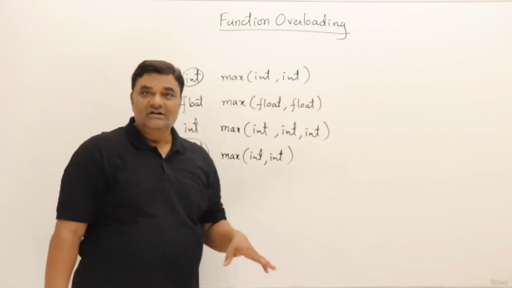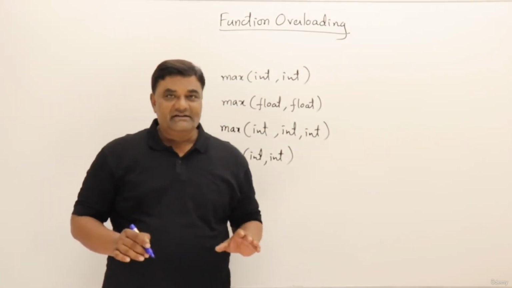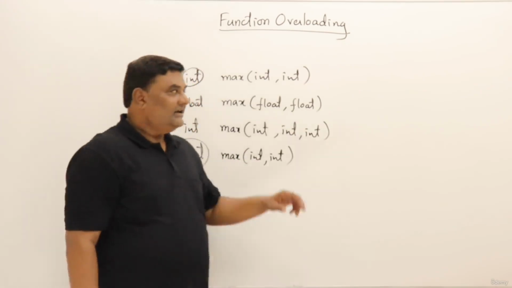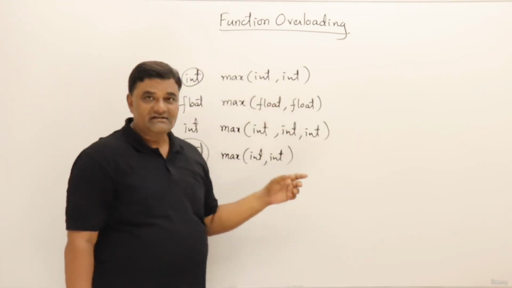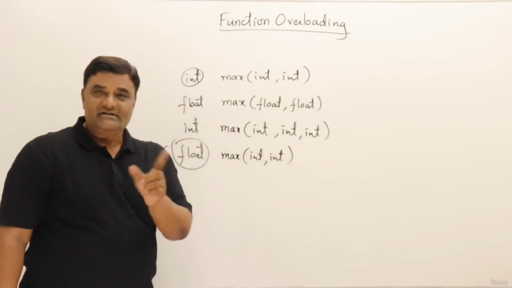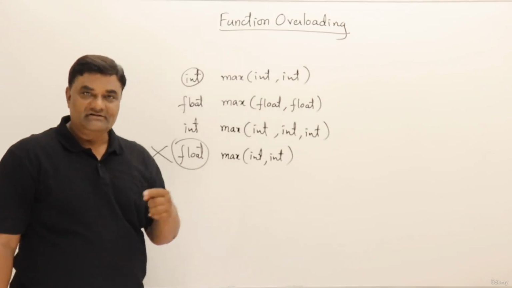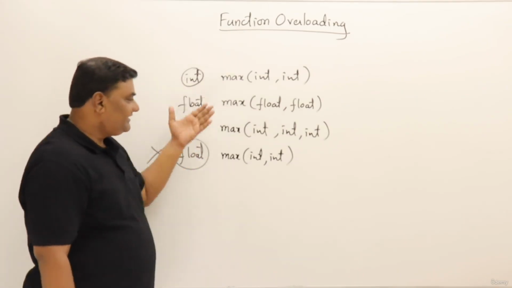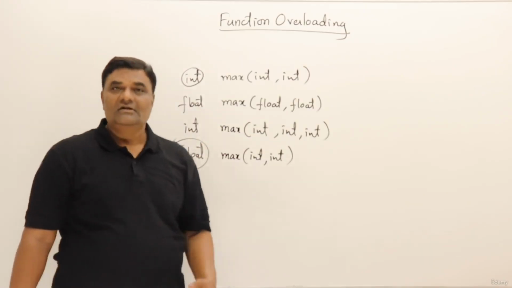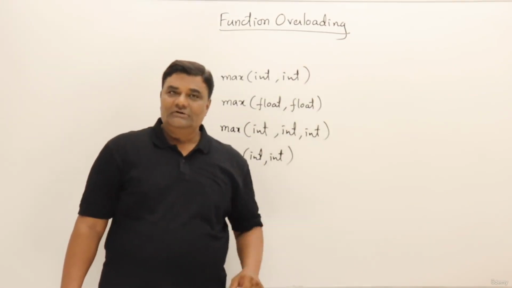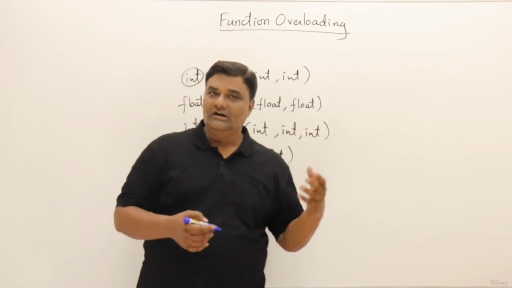It's the same function. So the return type is never considered in function overloading. If the function names and parameters are exactly the same but the return type is different, it means they are not overloaded. It's a name conflict, meaning you are redefining the same function again. So that's all about function overloading. I will show you practically how it works.